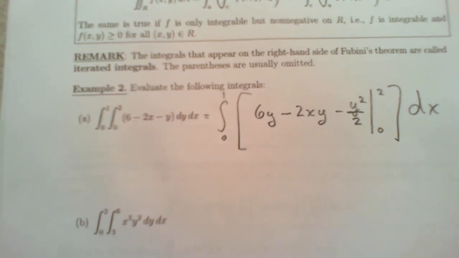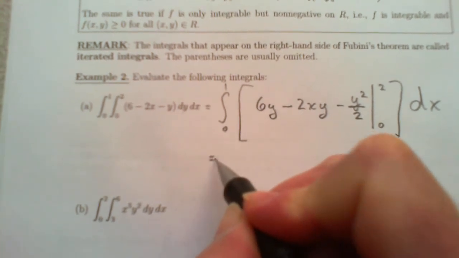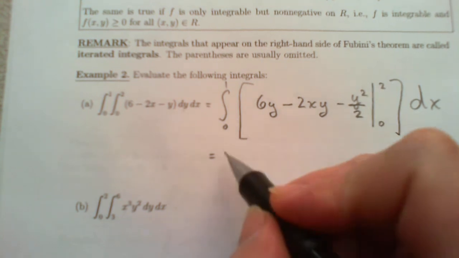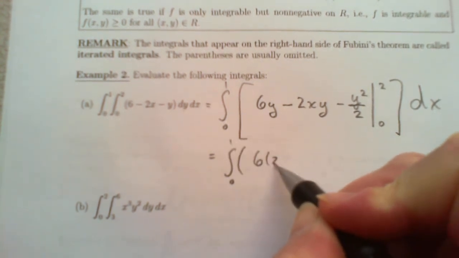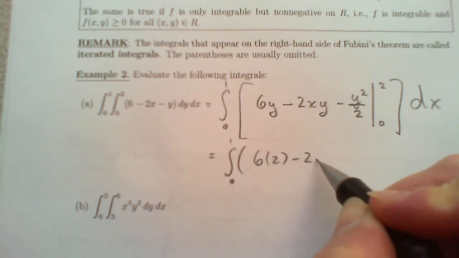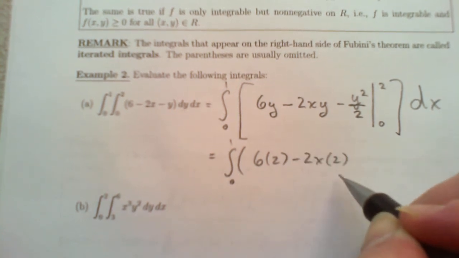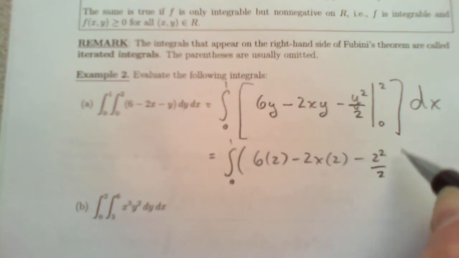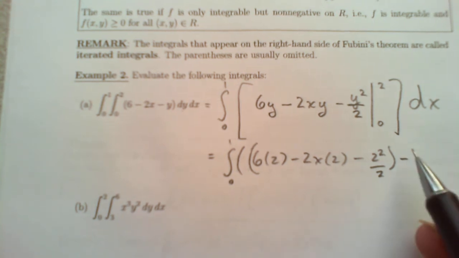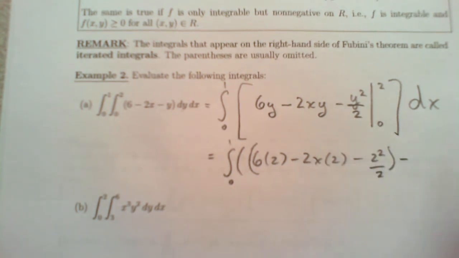Now I'm going to plug 2 into this, so I leave the outside integral alone. So 6 times 2 minus 2x times 2 minus 2 squared over 2. And then formally you plug in 0 into that thing.